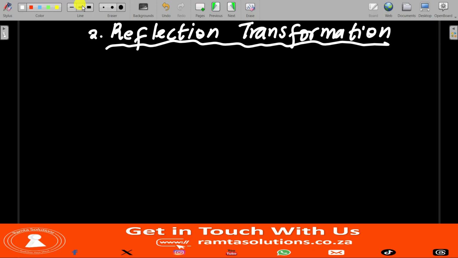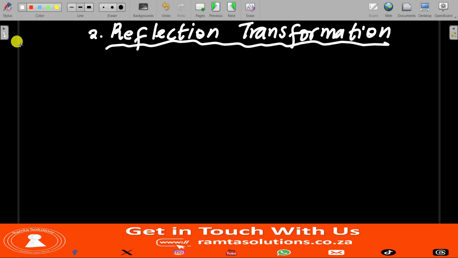Today, we are looking at reflection transformation. Remember when we introduced transformation geometry, we said it is the study of geometric shapes and how they're changing their size, their orientation, and their direction.